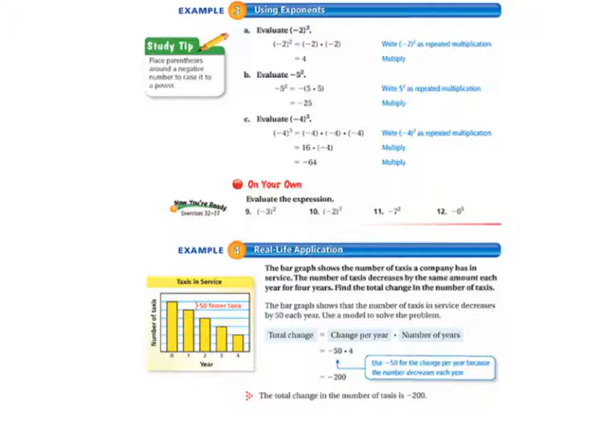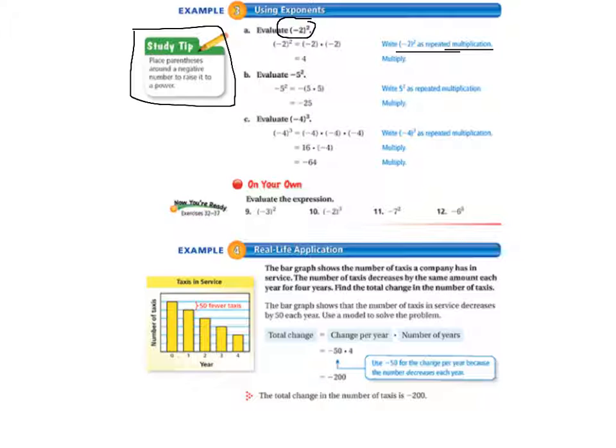Let's go on to page 25, example number 3, using exponents. Read the study tip off to the side that says to place parentheses around a negative number to raise it to a power. So when we evaluate -2 to the second power, we write -2 to the second power as repeated multiplication.